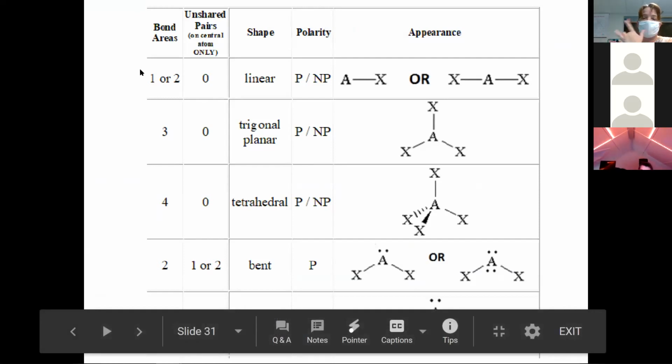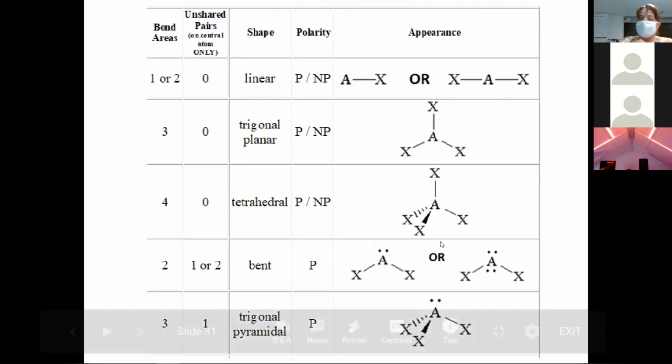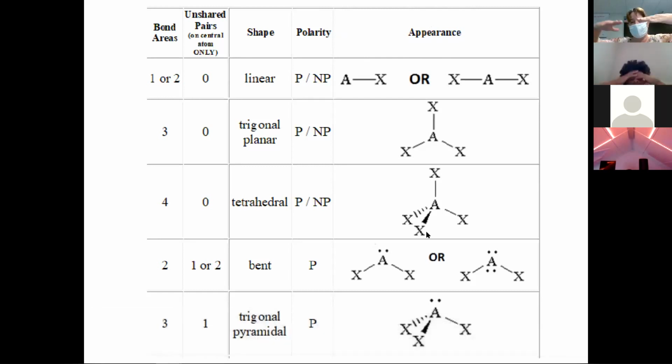So let's talk about the different sections of the table here. First of all, let's look at the appearance. These are not Lewis dot diagrams. What I mean by that is a Lewis dot diagram is 2-dimensional and it's all on one plane. It's flat on the paper.